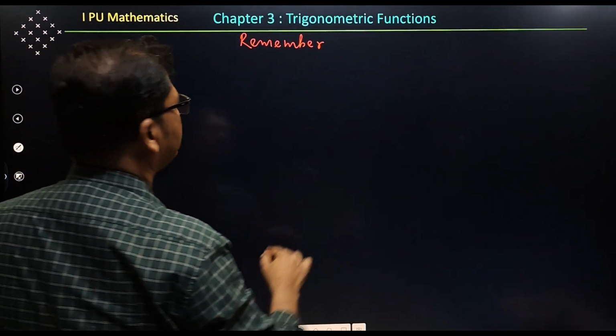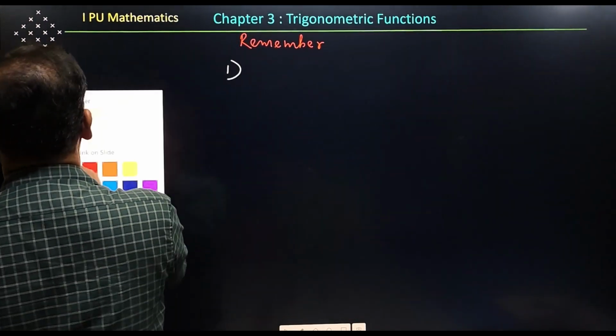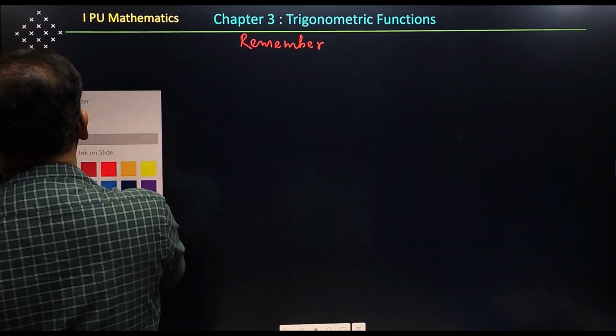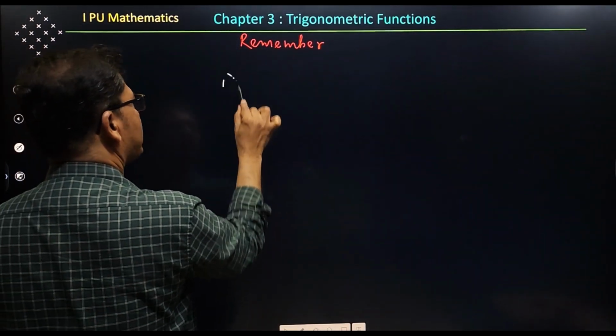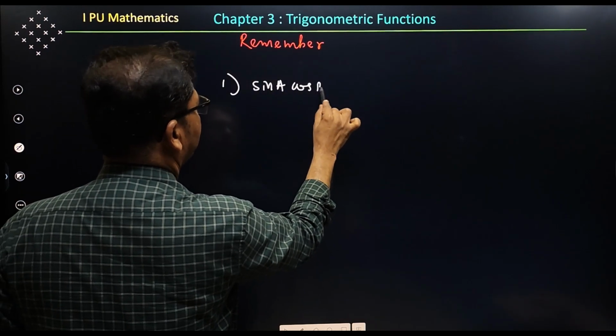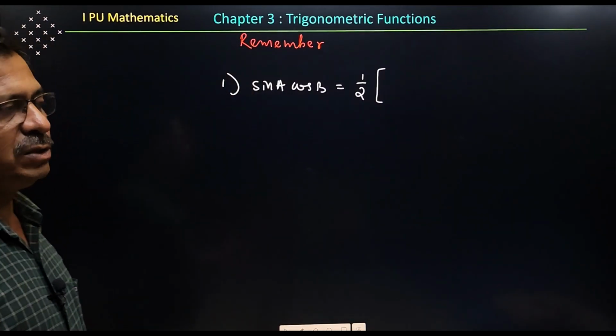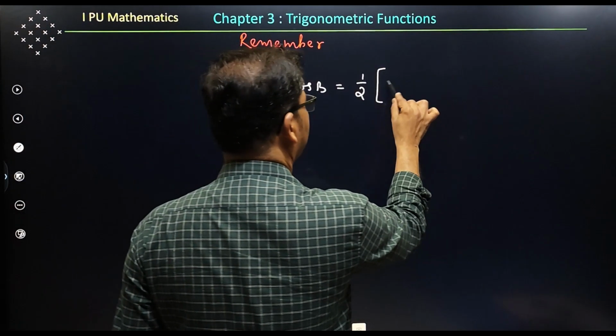First transformation formula: sin a cos b is equal to 1 by 2 into bracket sin of a plus b plus sin of a minus b.